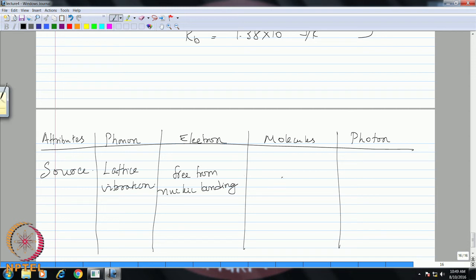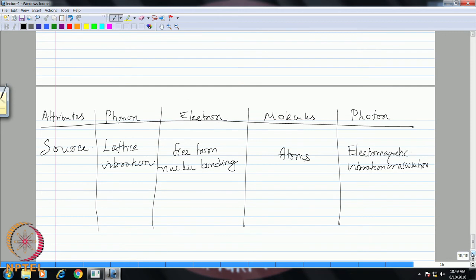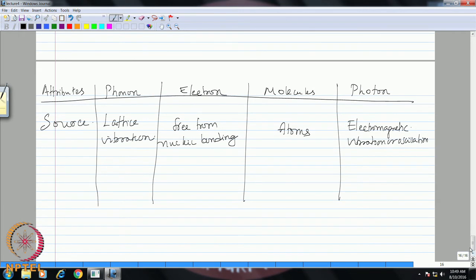These are atoms. And photons, you can say electromagnetic vibration or oscillation. These are electromagnetic waves which are oscillating, described by your sinusoidal equation and so on. So, this is your source.